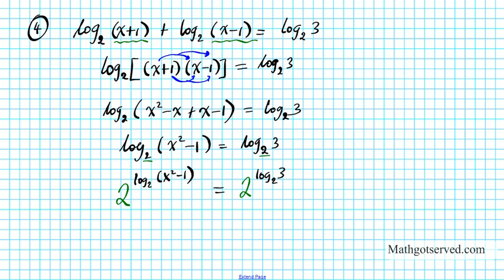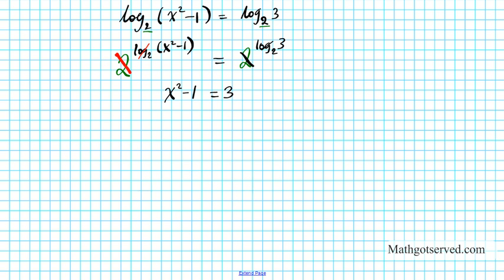Now, since these are inverses, they neutralize each other out. So you're left with x squared minus 1. On the right side, these neutralize each other out, equals 3. So what I'll do next is add 1 to both sides, and then I'll have x squared equals 4. To isolate x, I'll take the square root of both sides, because that's the inverse of square.